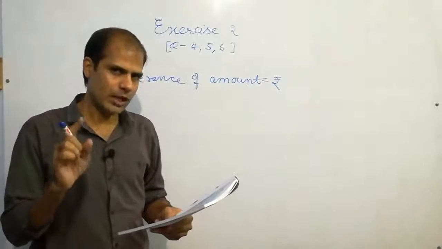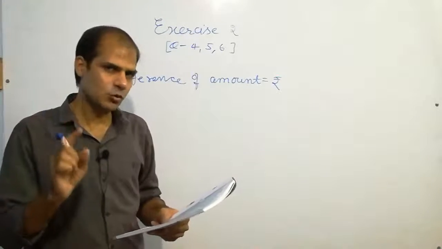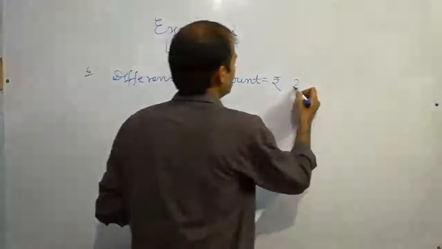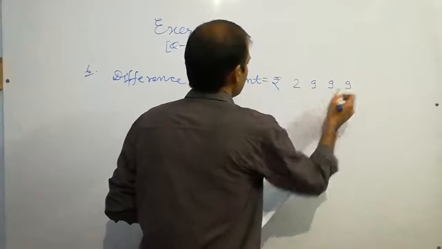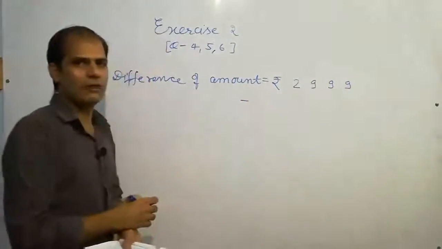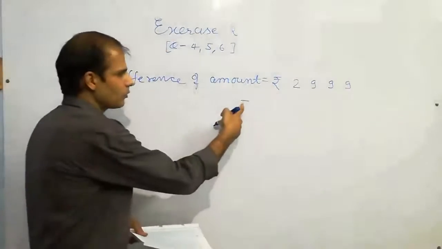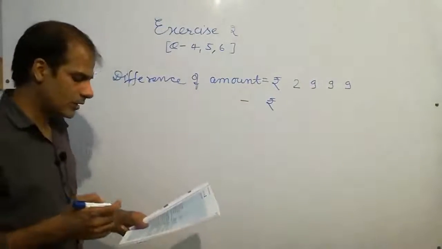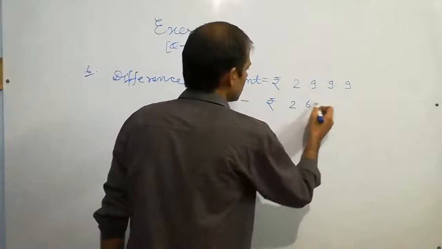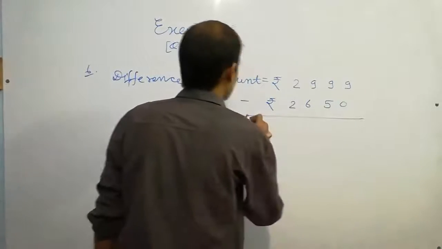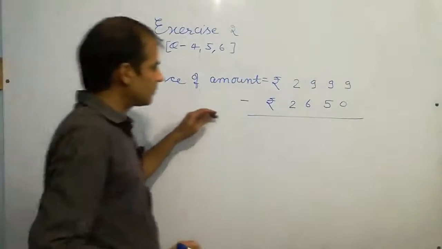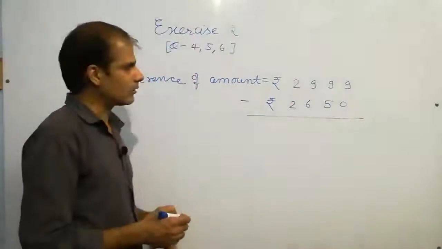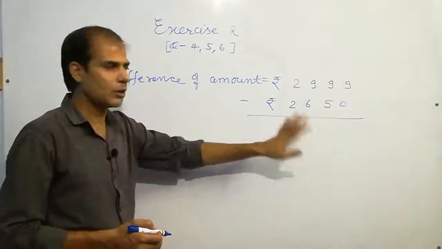I hope you guessed it is rupees 2999, and you will find the difference. So put a minus sign. What is the second value? It is 2650. Draw a line here and write your answer below this line.